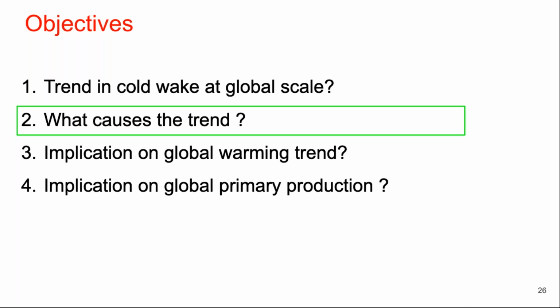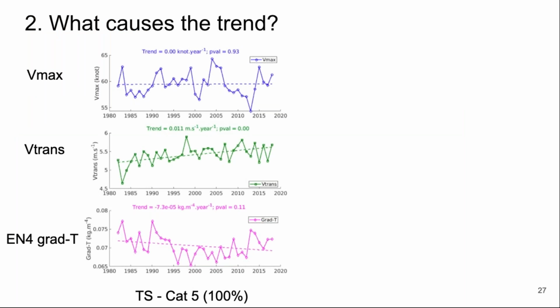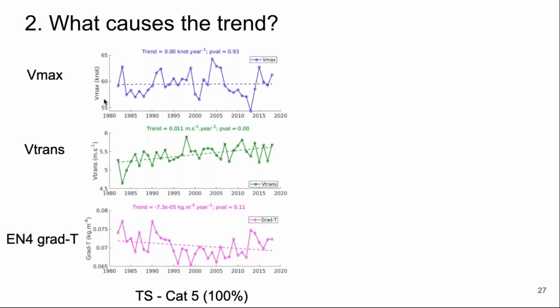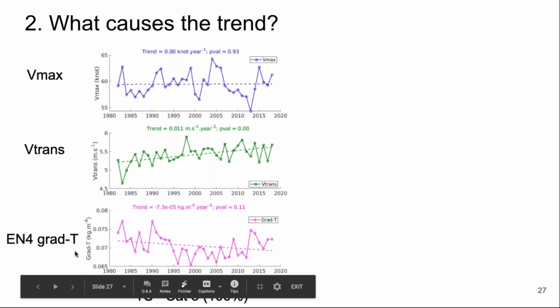So the next question is, what caused the trend? As we know, three different factors can affect the cold wake magnitude: Vmax, translation speed, and the temperature gradient. For an increase in the cold wake magnitude, Vmax needs to increase, or the translation speed needs to decrease, or the temperature gradient needs to increase.